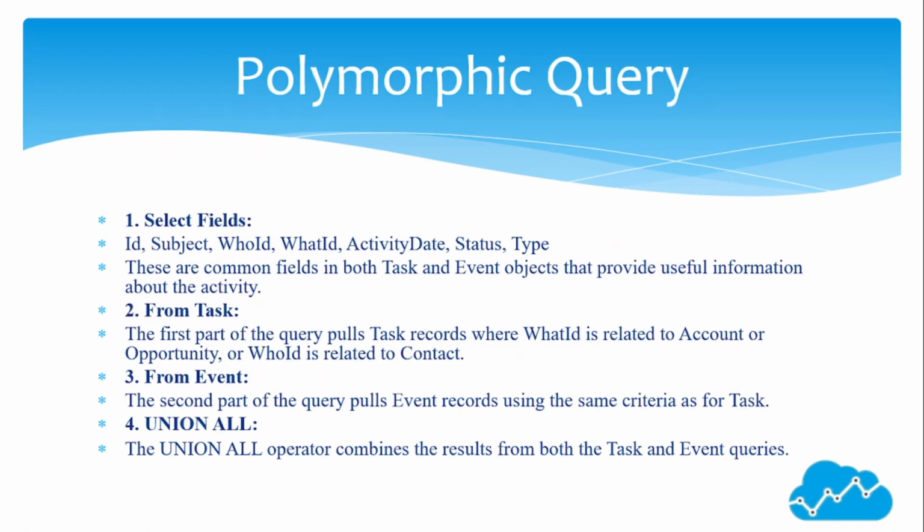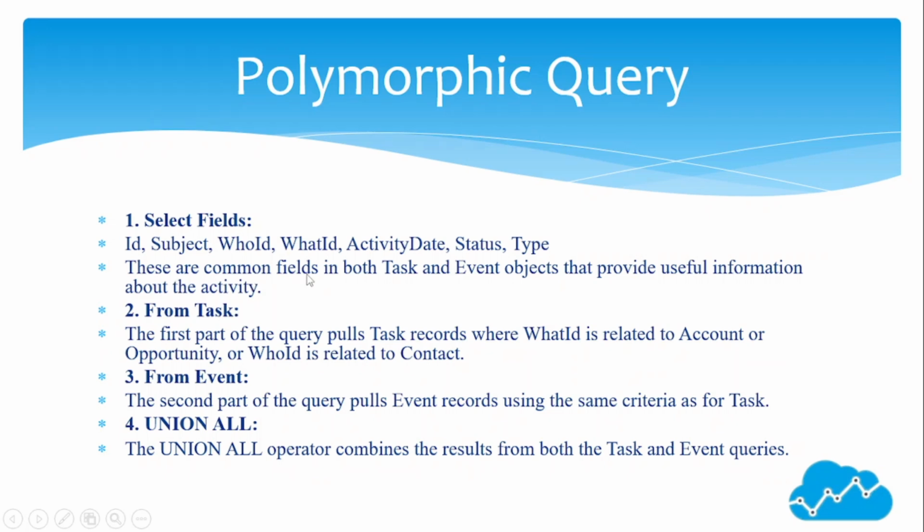So the polymorphic query is selecting fields. Fields means Id, Subject, WhoId, WhatId, ActivityDate, Status, Type.